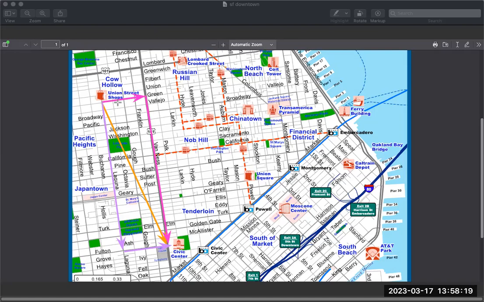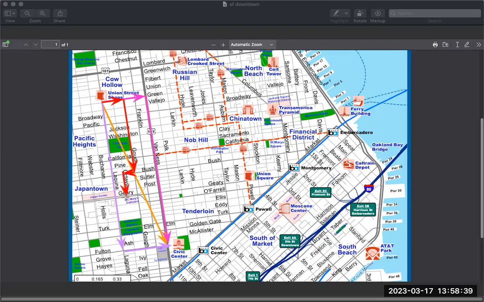Now we could take other combinations of streets if we want to. For instance, we could just as easily go 3 blocks over and a few blocks down. We can go left for a block for some reason, then go down Octavia.